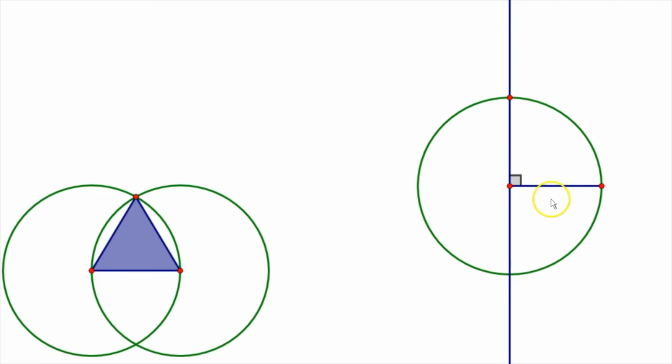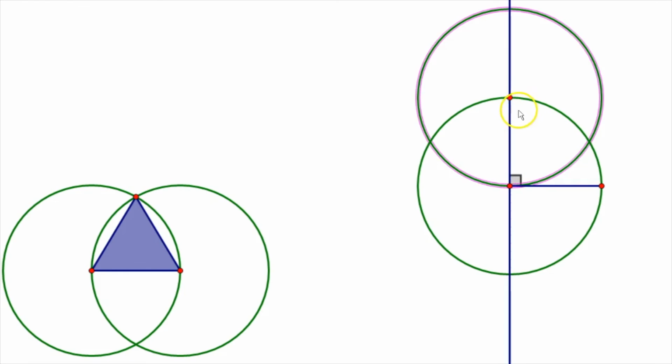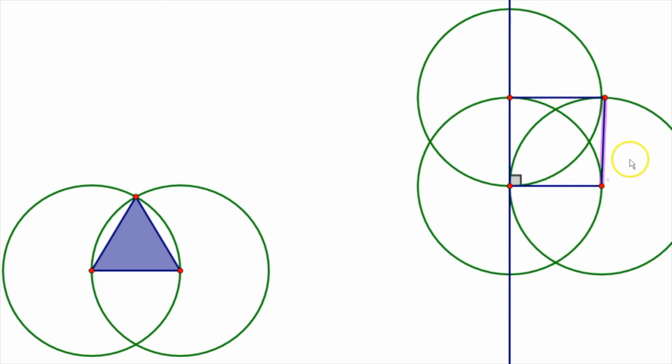Most of you, I think, would pull out your compass and do a circle of that length from this point and a circle of that length from this point. And what that would guarantee is that this point is exactly equidistant to here as it is to here. Oops, I missed the point again, didn't I? Let's try that again, not being very careful.